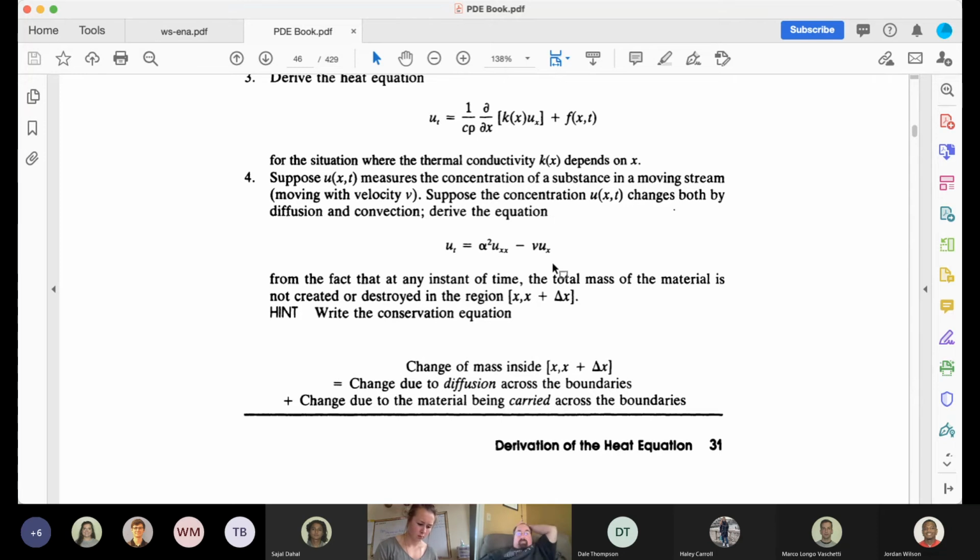Okay, so then we have material moving with velocity v.